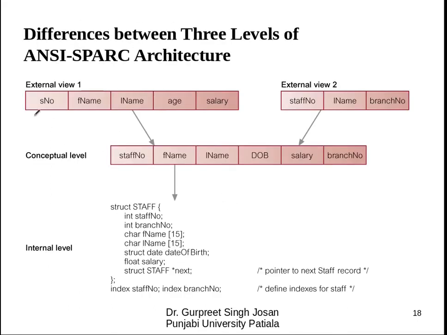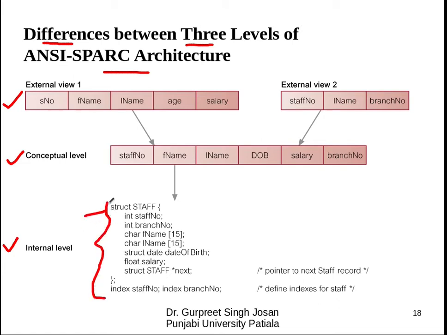This is a pictorial diagram that highlights the differences between the three levels of the ANSI SPARC architecture. So this is your external level, this is your conceptual level, and this is your internal level. At the internal level, as you can see, my database is defined using some programming language.